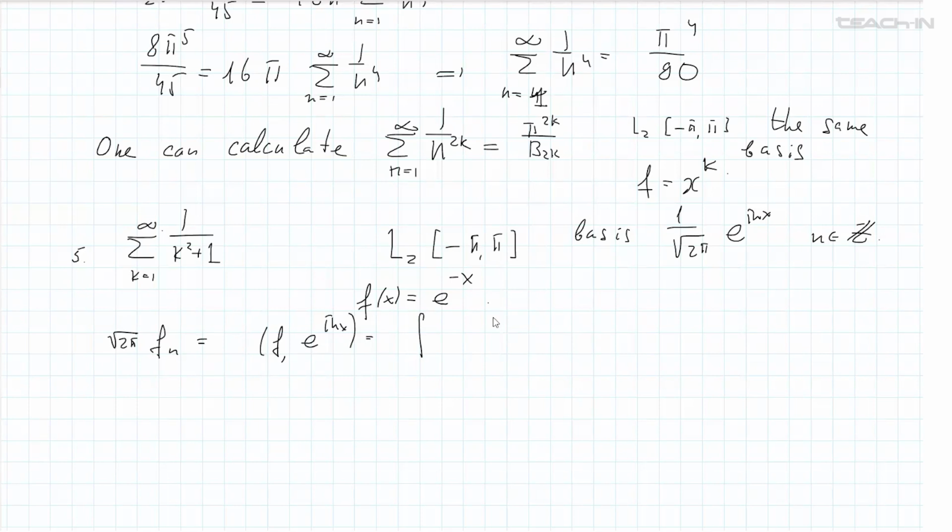So it is the integral from minus pi to pi of e to the minus x times e to the minus i n x dx. I emphasize that the second term in the scalar product is a complex conjugate. So it is an integral.